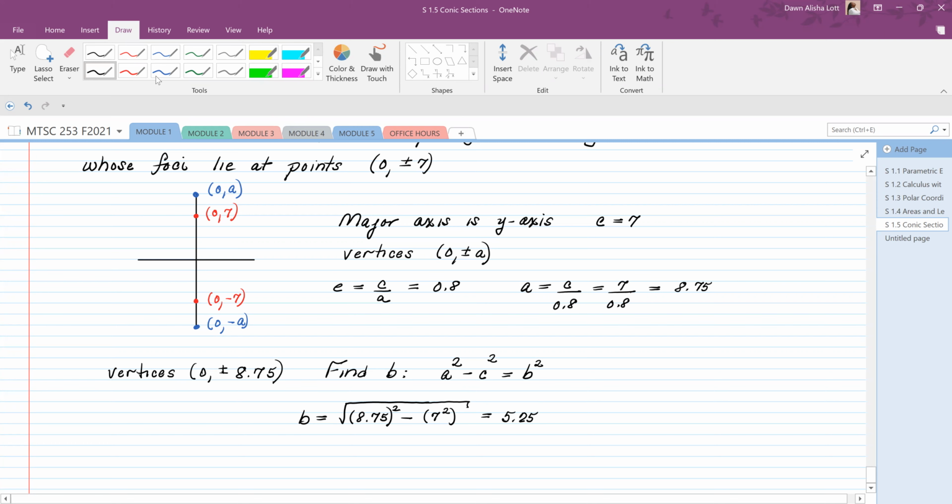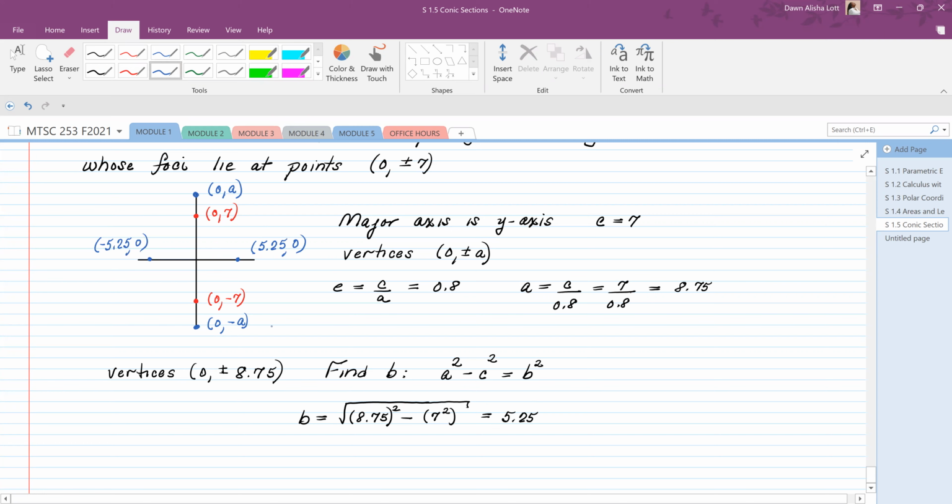So therefore, I know b is somewhere like here and here. So this is (5.25, 0), and this is (negative 5.25, 0).